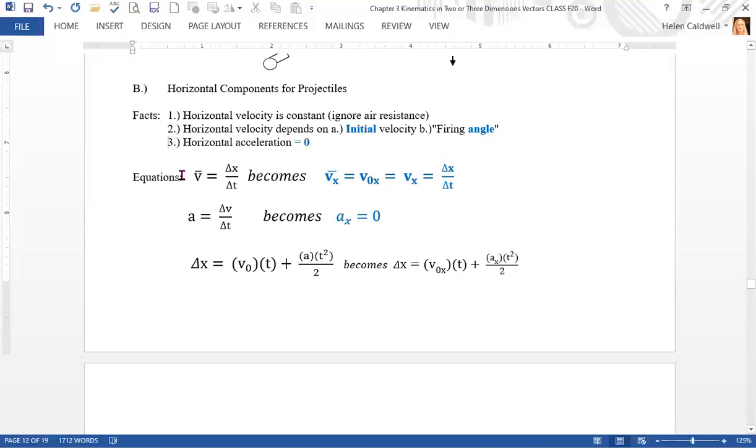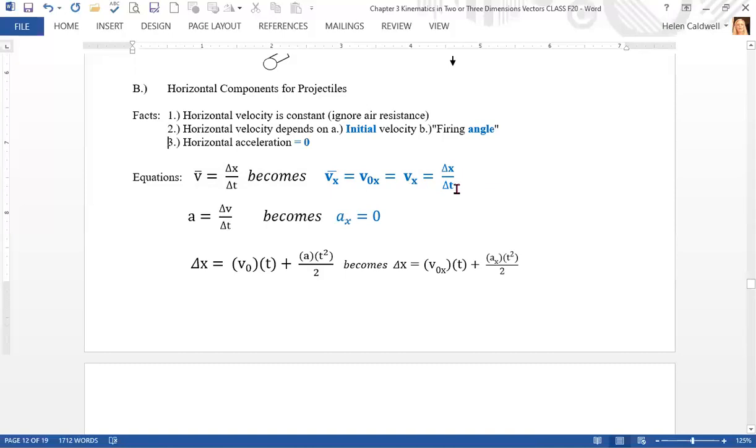So our equations, if you went back to the initial definition of average velocity, it was change in position over change in time. And for a projectile, average velocity in the x direction is the same as initial velocity in the x direction, is just x direction velocity. So v bar x is the same as v0x is equal to vx is equal to delta x over delta t.